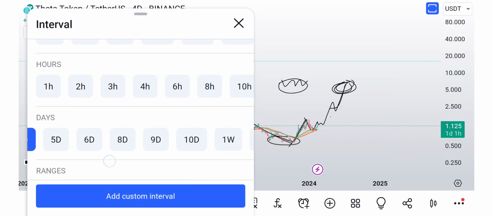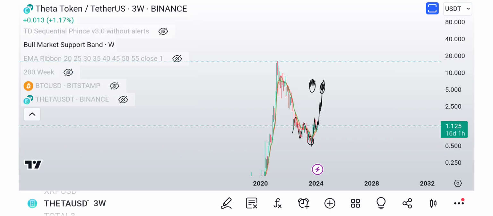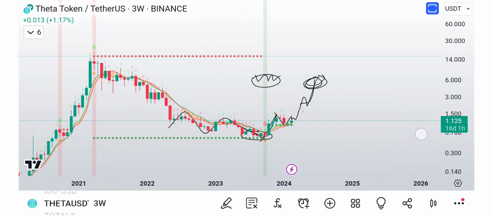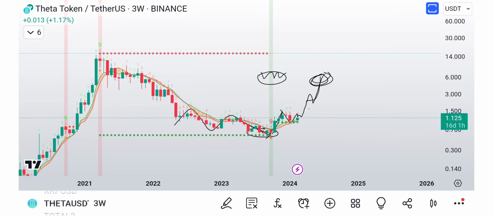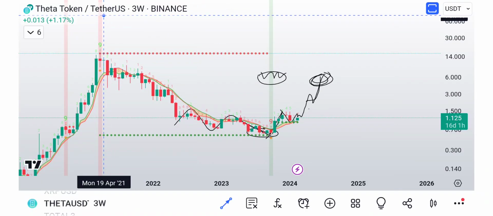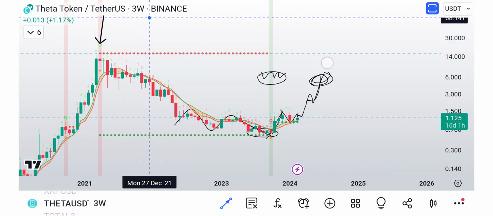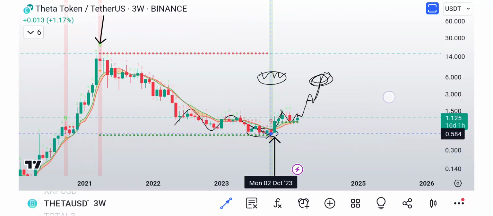The main chart that I really like to see right now is the 3-week chart with the sequential on. So yeah, look at that. It's textbook. You had a perfect 9 sell, and you had a perfect 9 buy, almost perfect 9 buy.